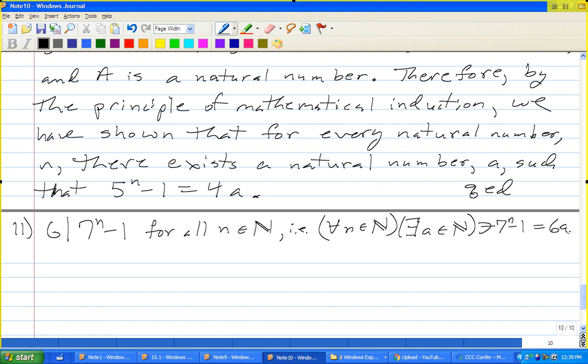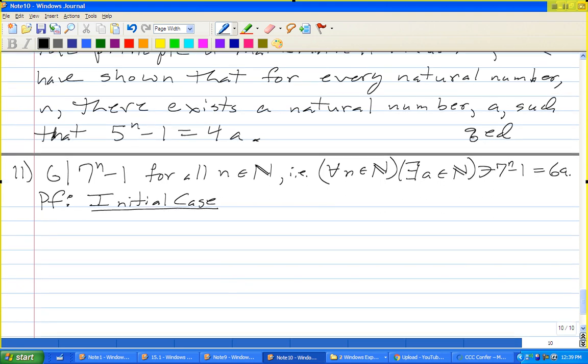Okay, so let's do that. So first, let's write down the initial case. Well, we've done it before, so 7 to the first minus 1 is just equal to 6, which is 6 times 1.